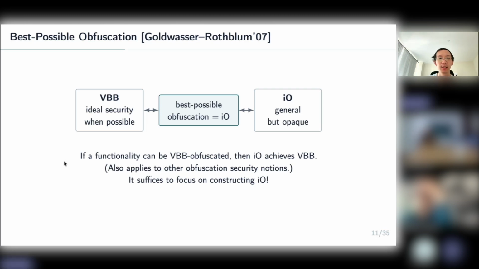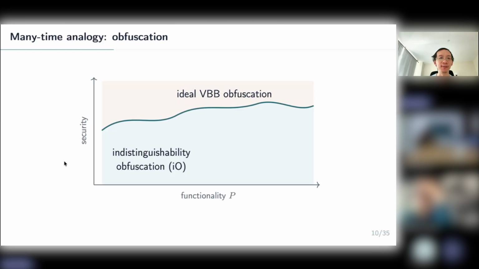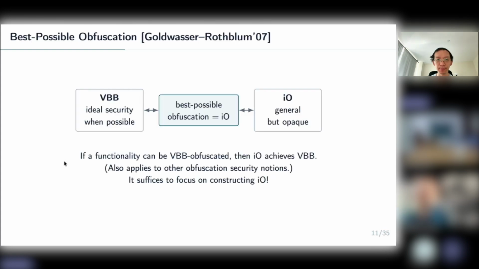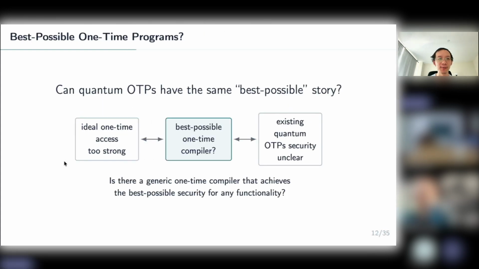Okay, so this is the reason why for obfuscation there is not a gap between the security notion of IO and the most ideal security notion called BBB. So the natural question we'd like to raise in our work is whether we can translate this success story into one-time programs.